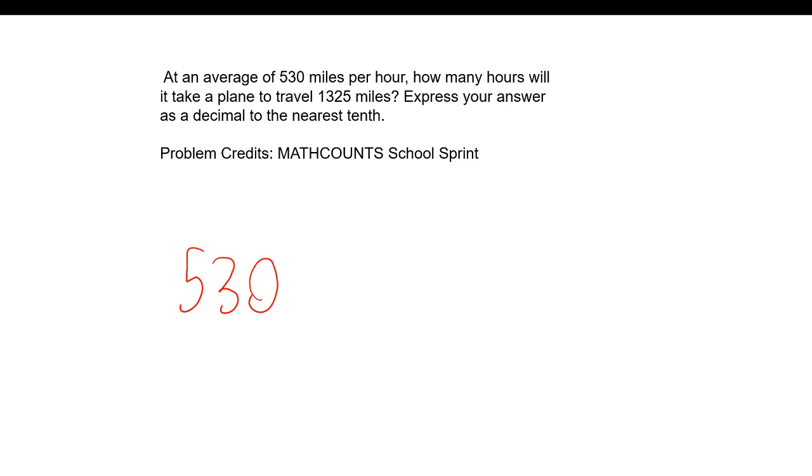Now, we know that speed times time is equal to the distance. Solving for t, we get t is equal to the distance divided by the speed. So we have our formula. We're looking for the time. We have the distance, which is 1,325 miles, over the speed.